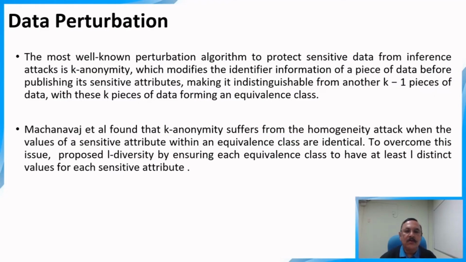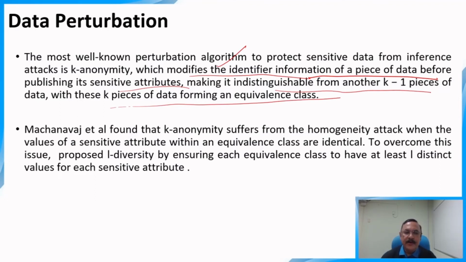The most well known data perturbation algorithm to protect sensitive data from inference attacks is k-anonymity, which modifies the identifier information of a piece of data before publishing its sensitive attributes, making it indistinguishable from another k minus 1 pieces of data, with these k pieces of data forming an equivalence class.